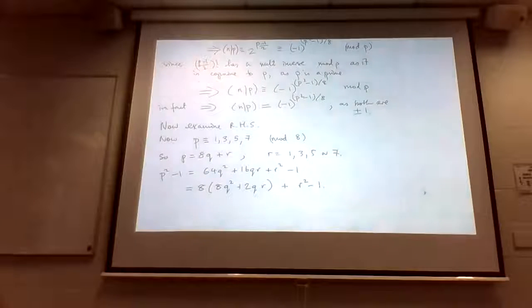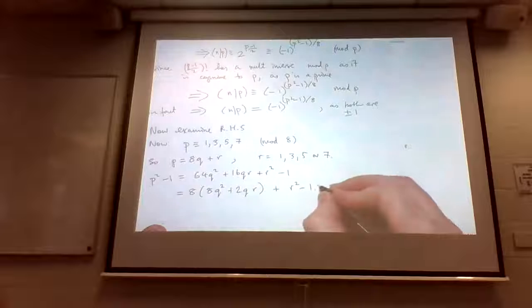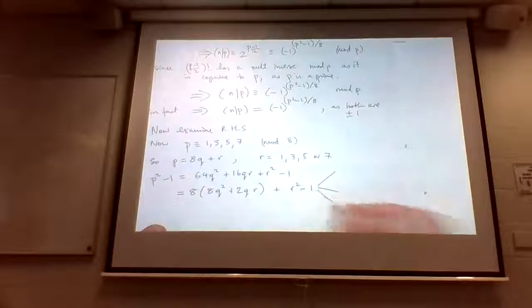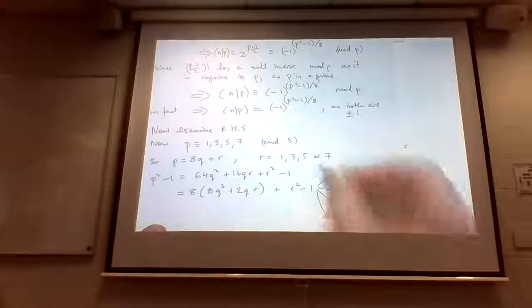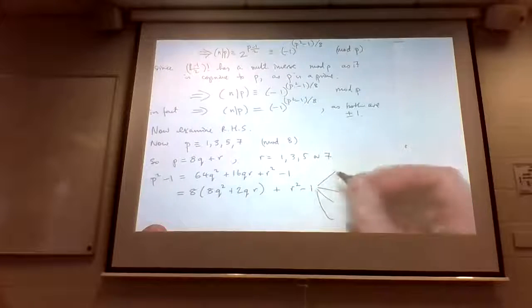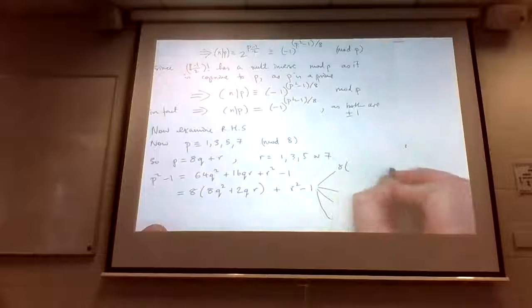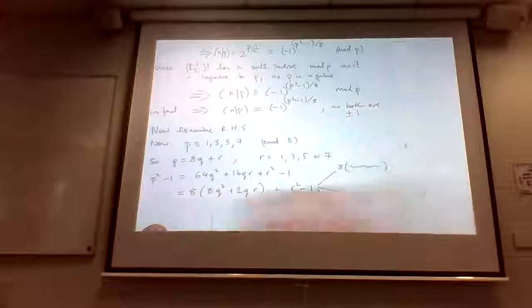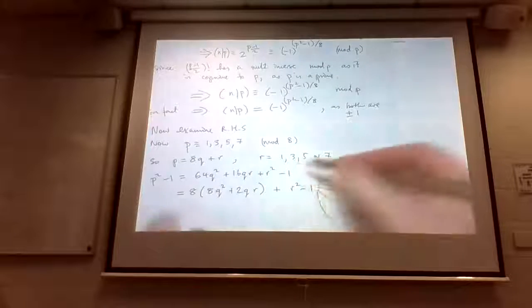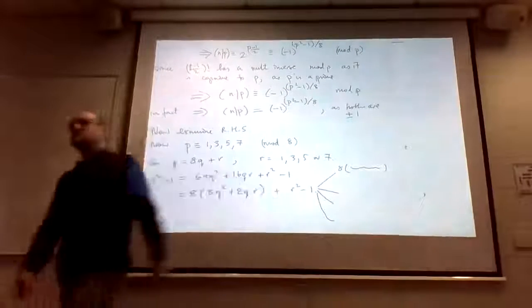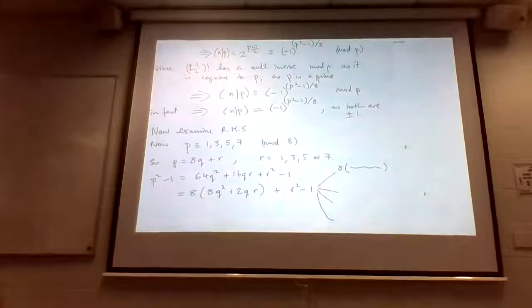So now you just look at what you've got in the different options. So r is 1, 3, 5, 7. If r is 1, this is 0. So the whole thing is just 8 times this bracket. Fair enough. If r is 3, then this is 9 minus 1 is 8.